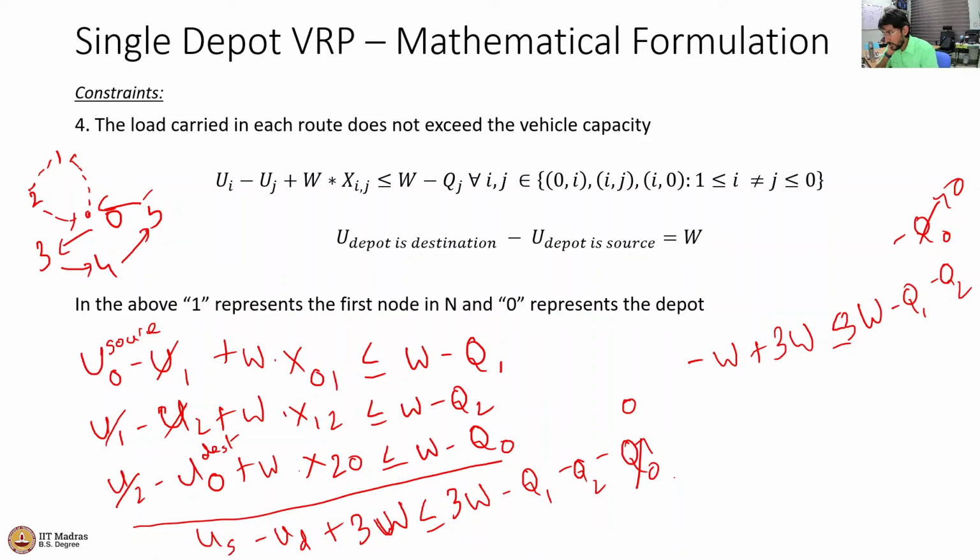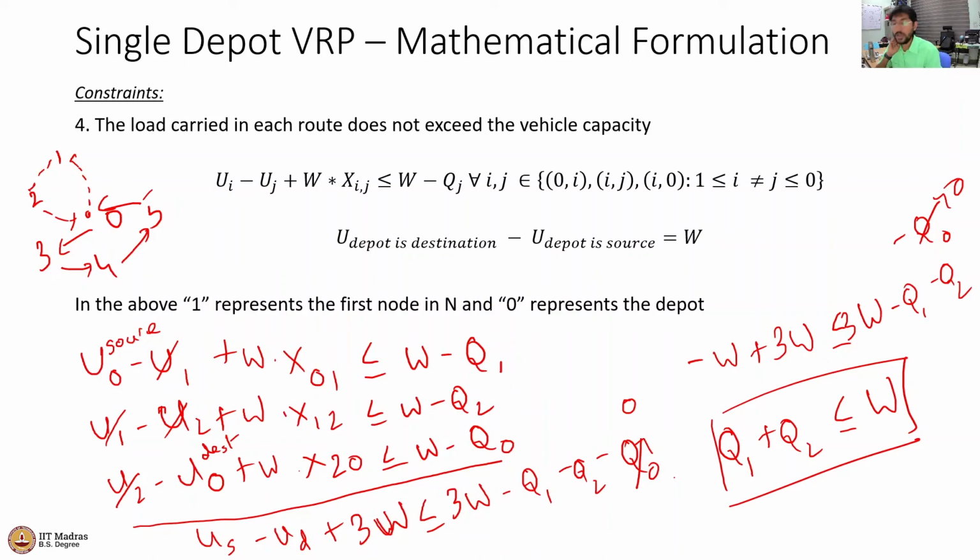So basically, what does this translate to? Q1 plus Q2 must be less than or equal to W when the route is followed. So the total load that I carry must be less than or equal to the vehicle capacity that I have. This is how this specific constraint ensures that the route a vehicle takes meets the capacity of that particular vehicle.